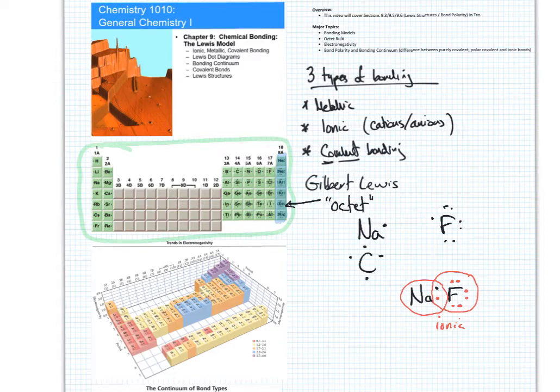Now you might be saying, well, wait a minute, sodium doesn't have 8 electrons because it only has 2 electrons around it. But remember, this is actually a sodium ion, Na+, which means that electron is being given up to the fluorine. So the fluorine has a complete set of 8 electrons around it.